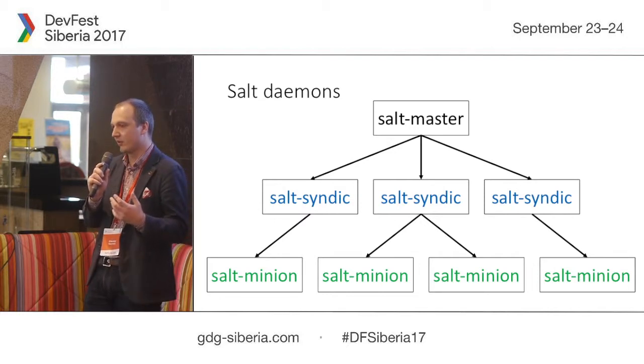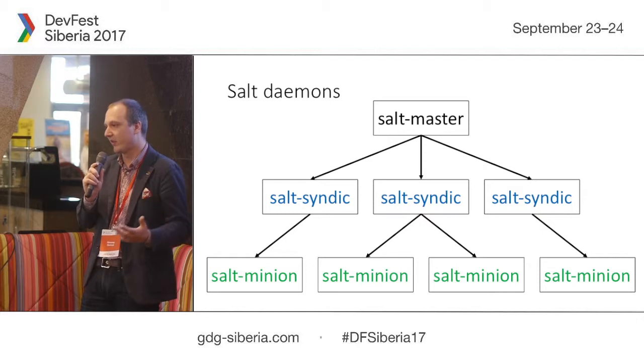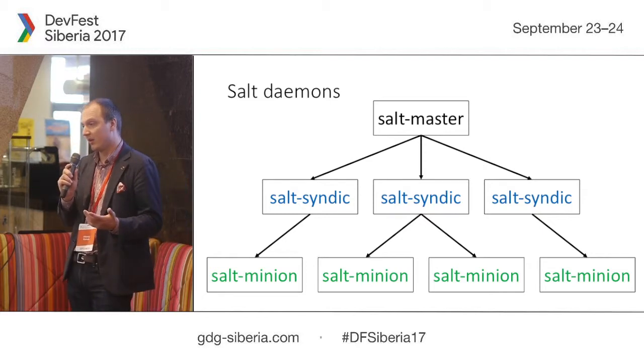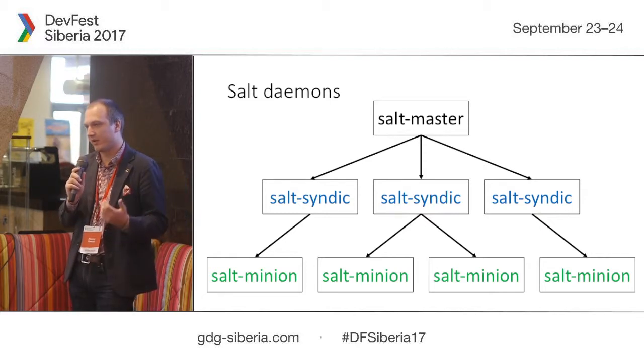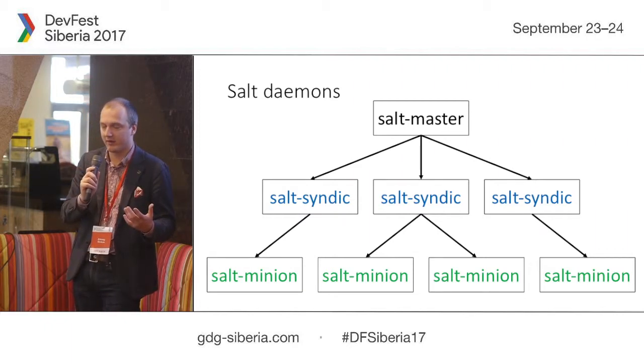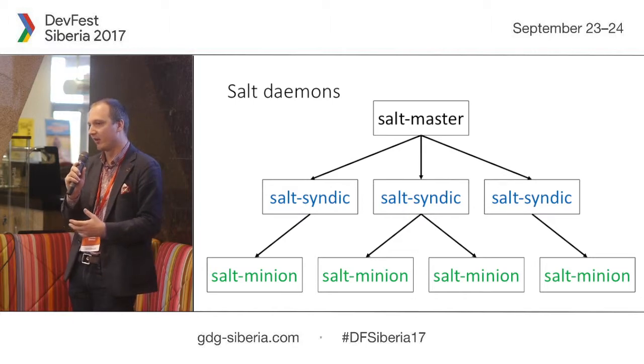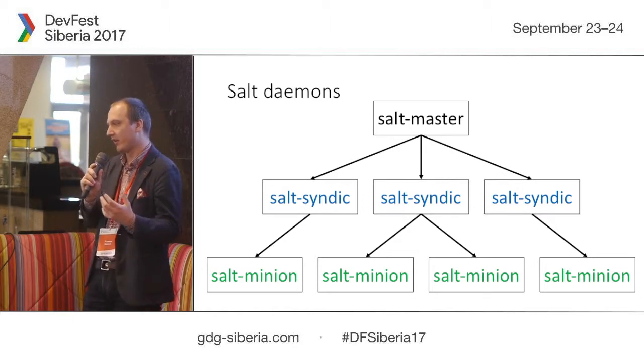If you have so many minions, like for example 1,000 or more, you probably need to have the syndic daemon, which is simply a Salt Master proxy. Well, with syndic it works like that.